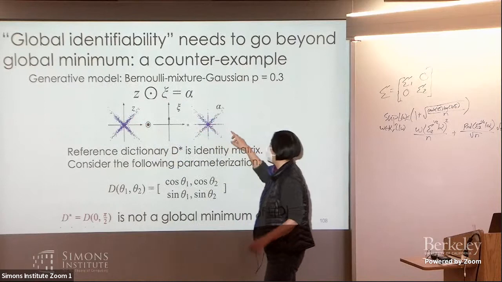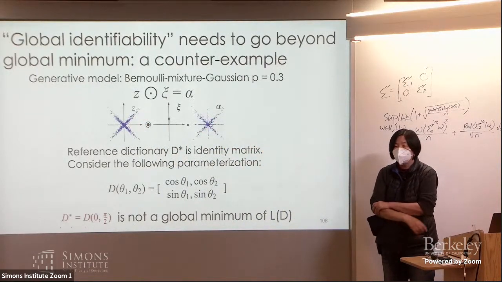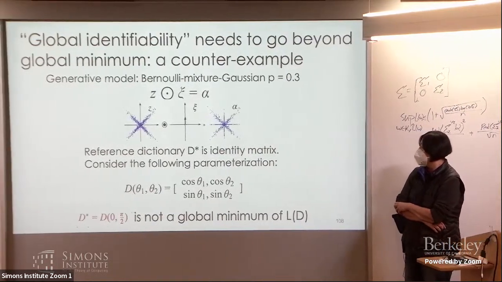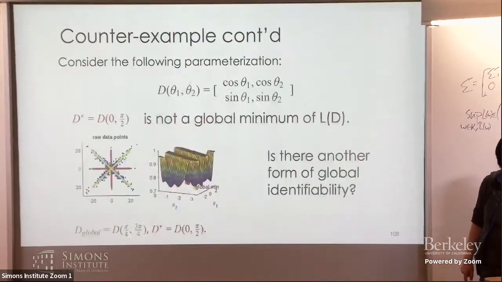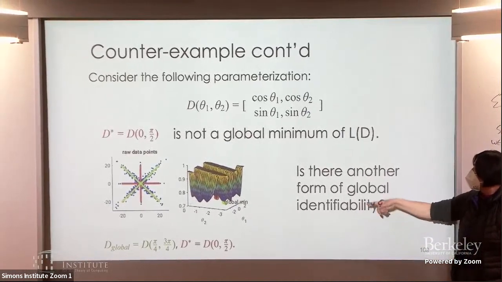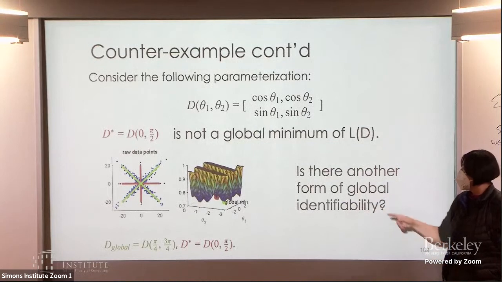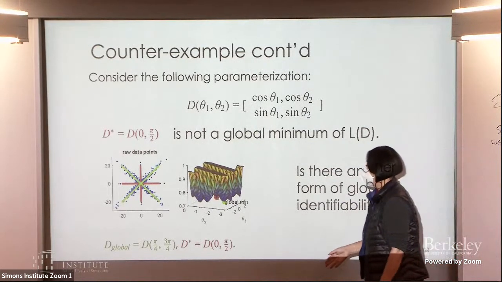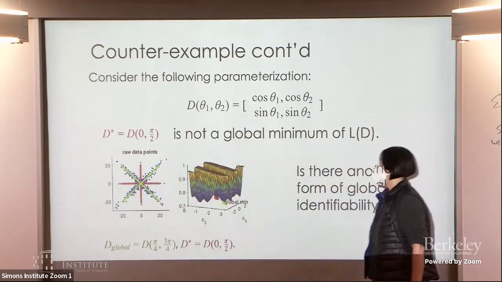So you end up with this 8-arm distribution for alpha. And you can show that the reference distribution that generated the data is actually not a global minimum, and the global minimum is achieved by something related to the green.